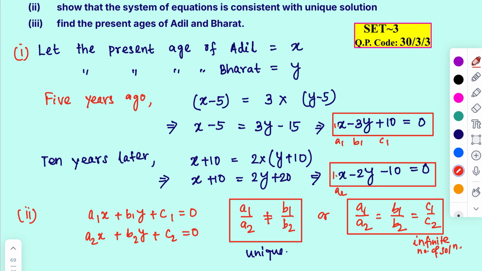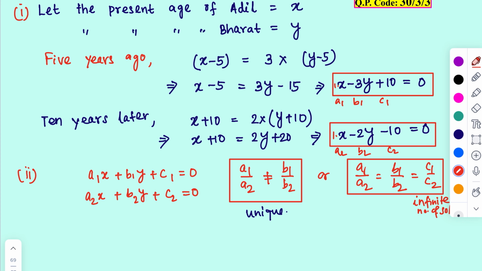Similarly, 1 is a2, minus 2 is b2, and c2 is minus 10. So we can write here a1 by a2, that is 1 by 1, is not equal to minus 3 by minus 2. As this holds, it will have a unique solution.